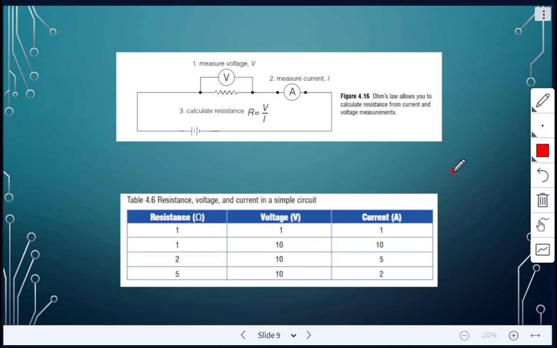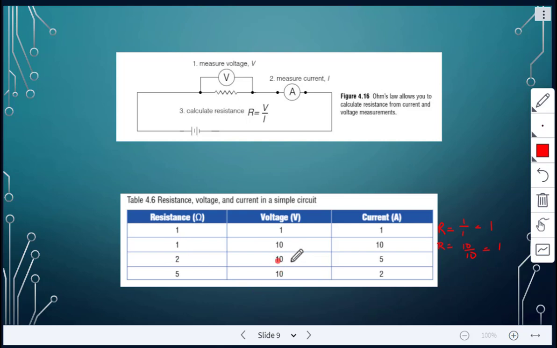So if we have this chart here, and we know R is equal to V divided by I, our first one here is 1 divided by 1, so R would be equal to 1 ohm. That's what we see here. Our next one, our resistance is equal to 10 divided by 10, which is also 1 ohm.